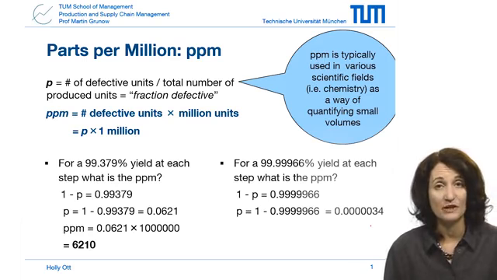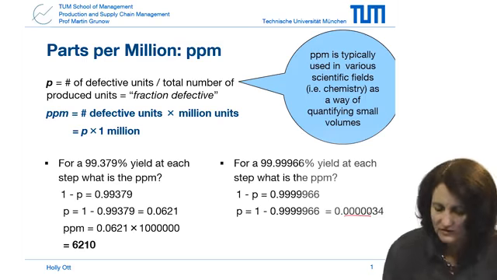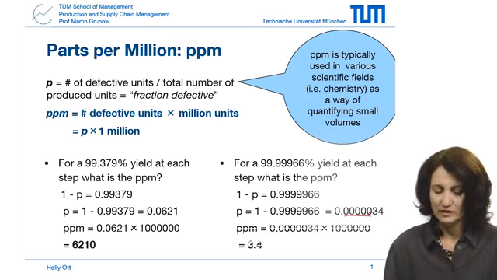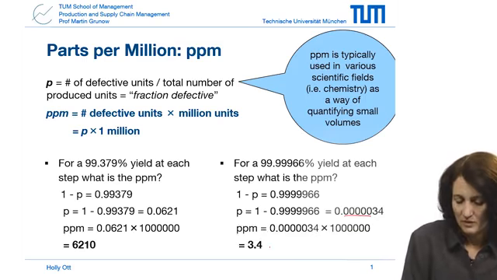P is going to be equal then to 1 minus that, or point, and here we have 5 zeros, 0.00000034. Parts per million then is going to be 3.4 parts per million defective.